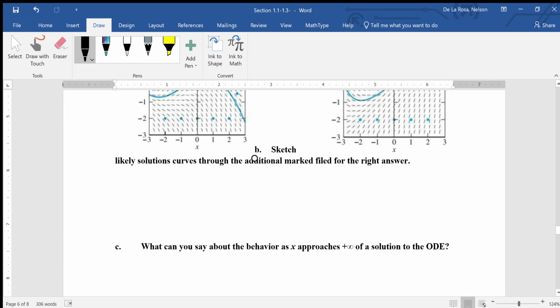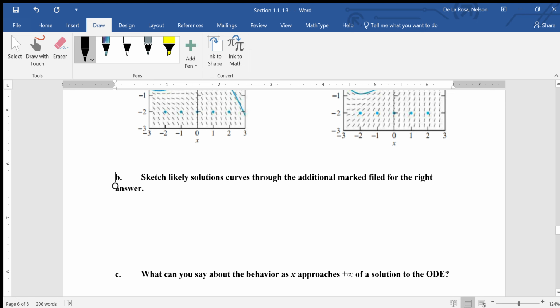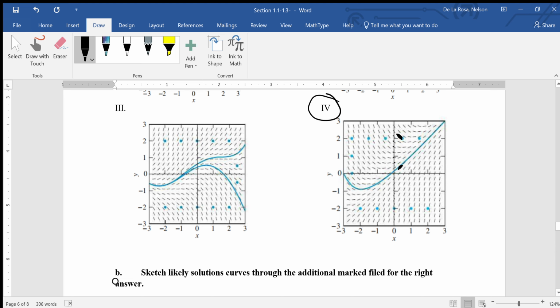Okay, so part B: sketch likely solution curves through the additional marked field for the right answer. Well, the solutions are going to be like this.